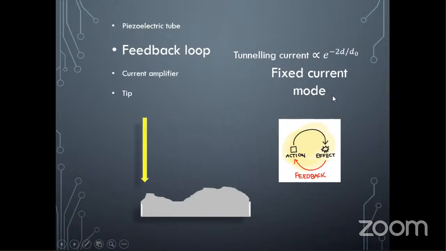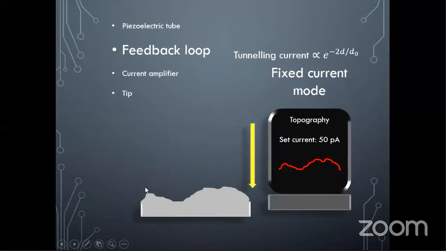One mode is called the fixed current mode. So what is done here is that the amount of tunneling current between the tip and the sample is kept at a fixed value, and to keep it at a fixed value, the tip has to go up and down following the topography of the sample.